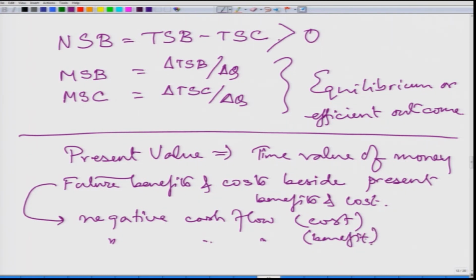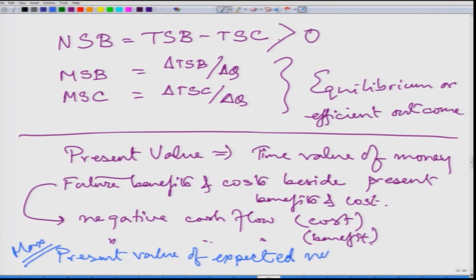Based on today's cost and benefit, we will try to estimate the future predictions, do a forecasting, and then estimate the present value. Finally, we will try to maximize the present value, that is the objective of expected net benefits or net social benefits, right? That is what we try to do.